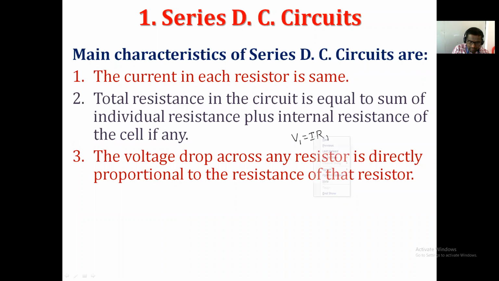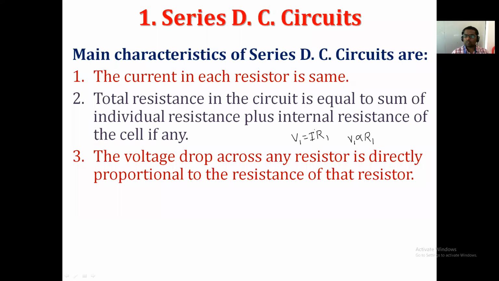I is the same for all the resistors, so it is a constant. So can I say that V1 is directly proportional to R1? Yes or no? Yes, sir. This is the third characteristic, because we know that in a series circuit current is always the same. So the voltage drop across any resistor is directly proportional to the resistance of that resistor.